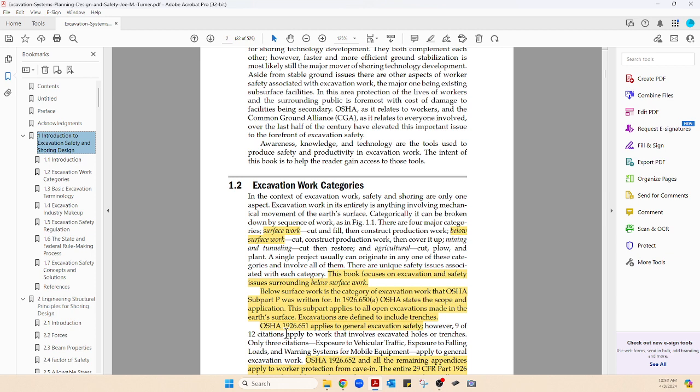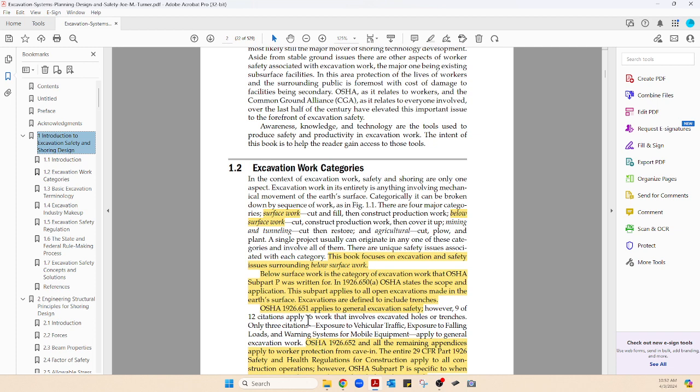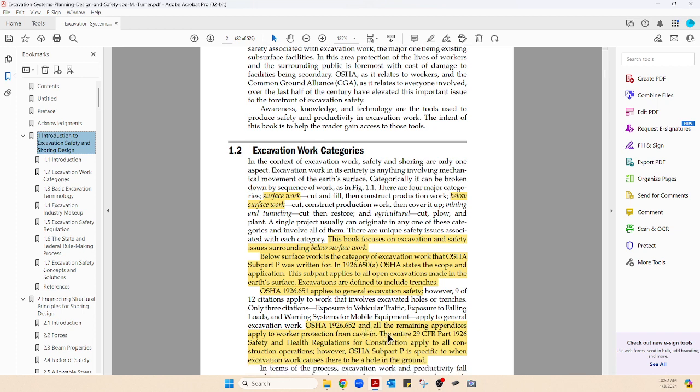Now 1926.651 talks about the safety of excavations. I'm not going to go through this, but 1926.652 and all the remaining appendices added to the rule apply to worker protection from cave-in.